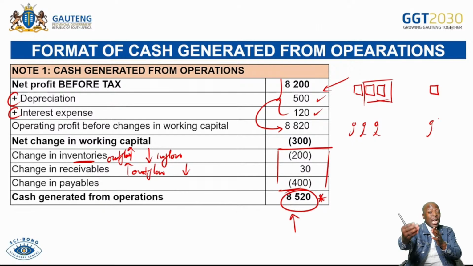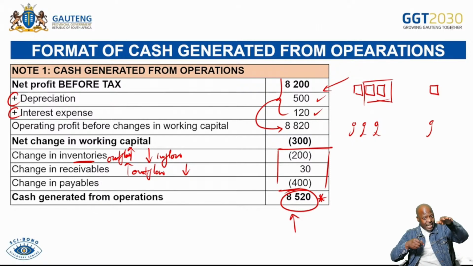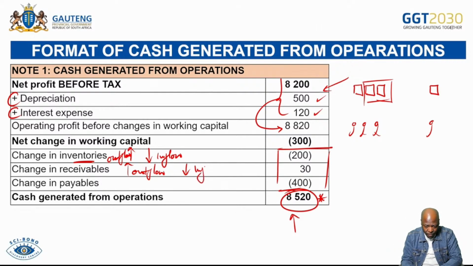What happened to the other 2? They have paid us. So a decrease in our debtors. But remember, we're talking money now. A decrease in our debtors means we don't have many debtors anymore. What has happened to them? They have paid us. So when debtors decrease, that means they are paying us the money that they owe us. So a decrease becomes cash inflow.